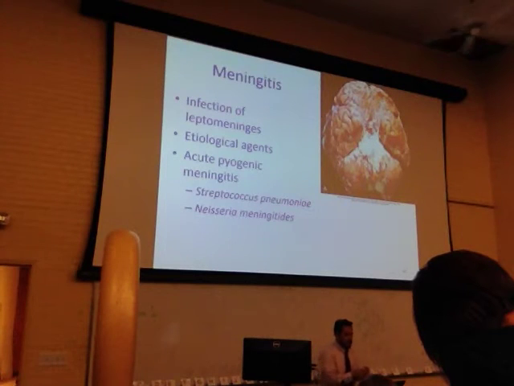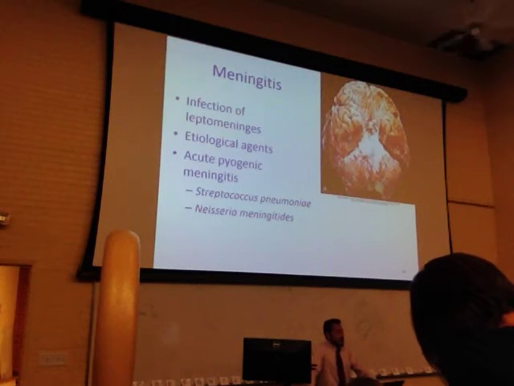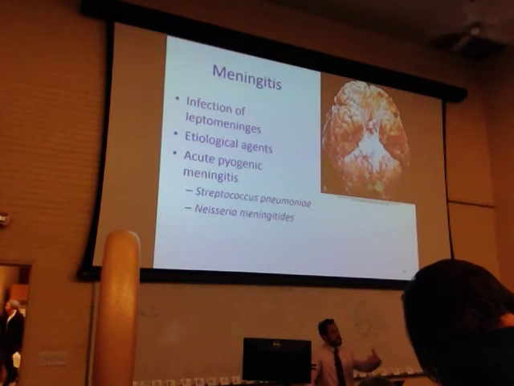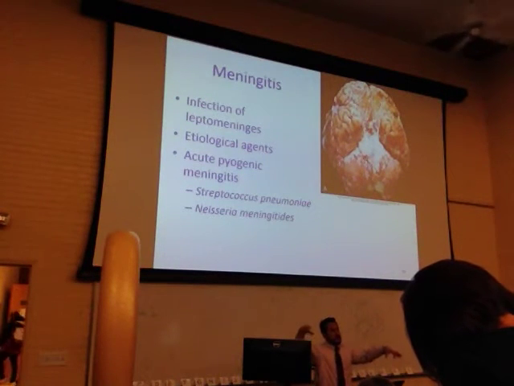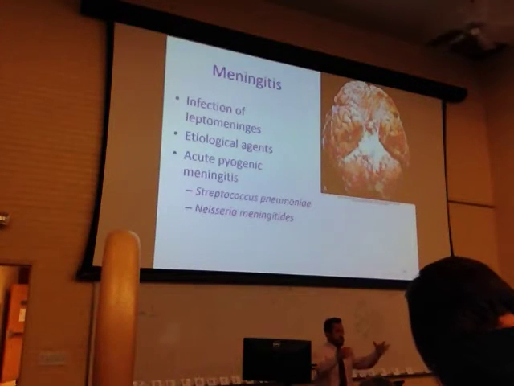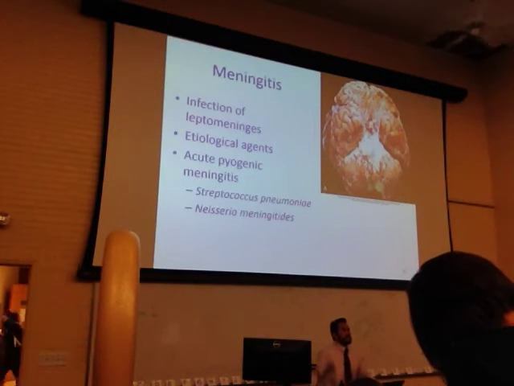It's very common in the very young and the very old. So the very young and the very old tend to present with streptococcal pneumonia. That is a bacterial infection that targets our pediatric and our elderly patients. And then Neisseria meningitis is what usually targets college age and our middle age population.